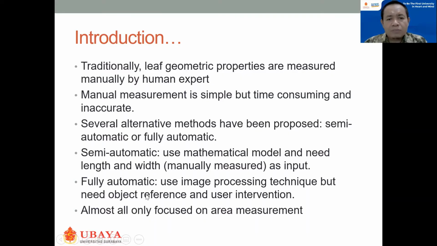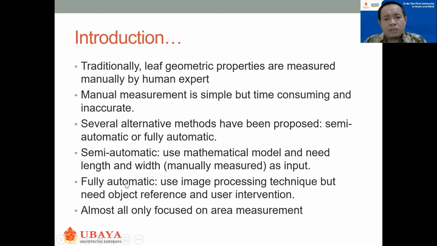For fully automatic system, the system uses image processing technique combined with object reference to convert the area of leaf in pixel square to centimeter square. And some systems also need user intervention in the measurement process.